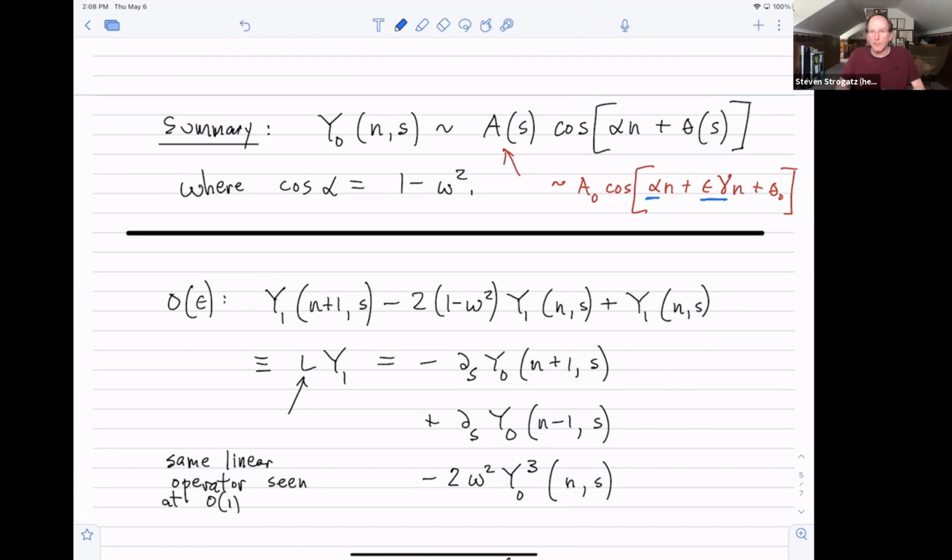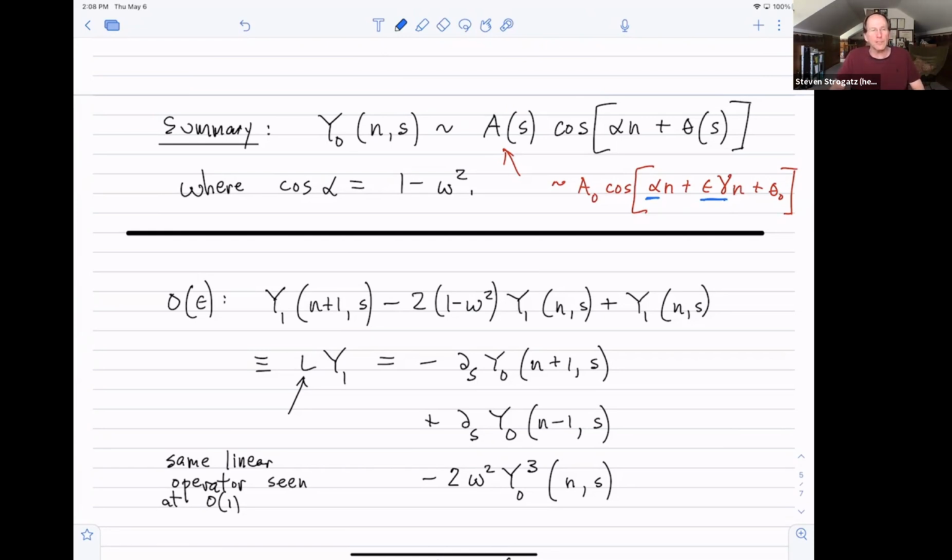It's uniformly of order epsilon over the time scale of interest. So we captured the main qualitative behavior here at order 1, in the form of this frequency shift. But if you wanted an order epsilon accurate thing, then you'd have to calculate y1 itself.